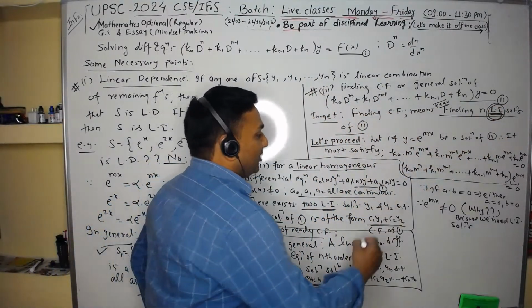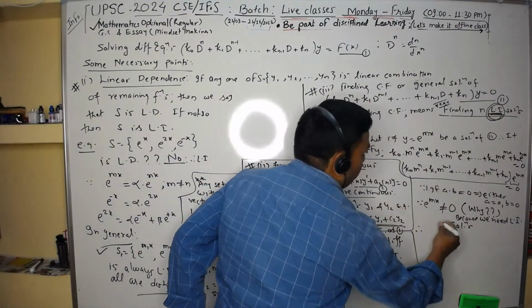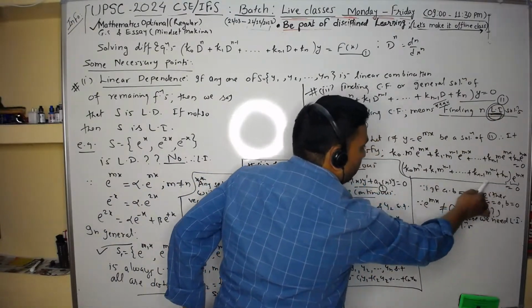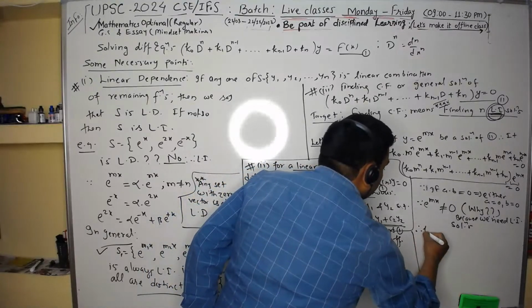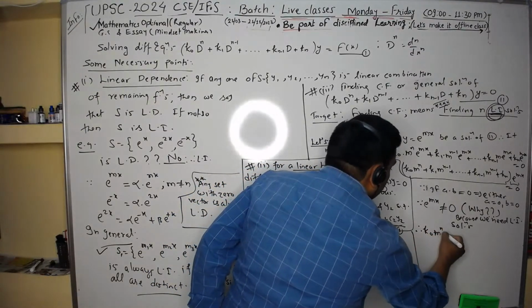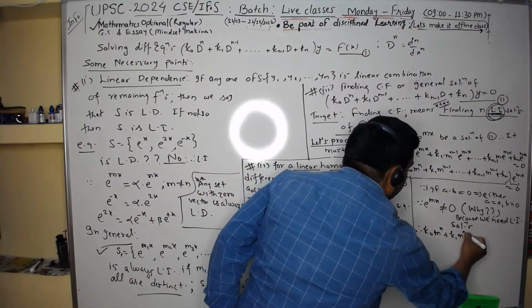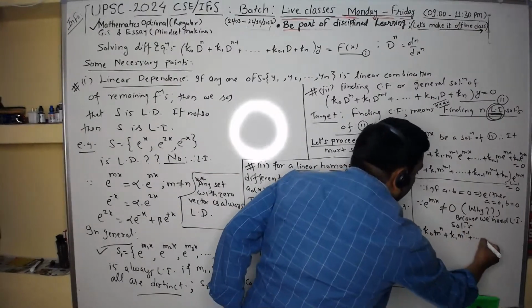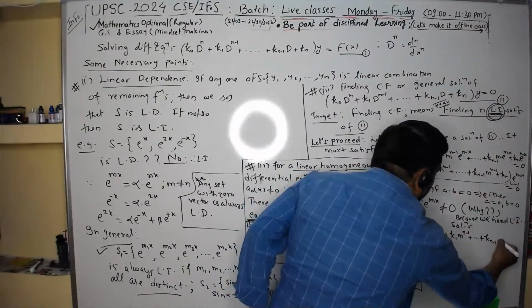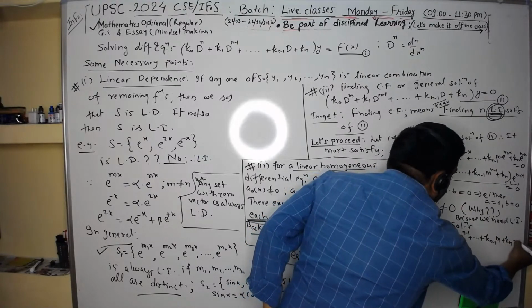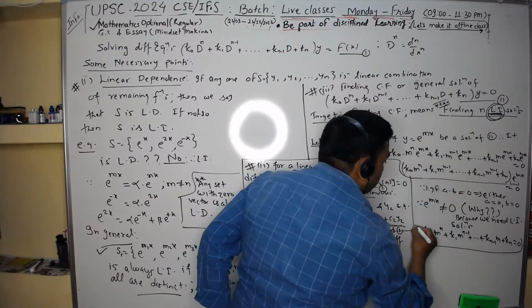चलिए. So किसको 0 होना पड़ेगा? If this factor is not 0, then this must be 0. K0 m raised to the power n plus k1 m raised to the power n minus 1 plus and so on up to kn minus 1 m plus kn equals to 0.